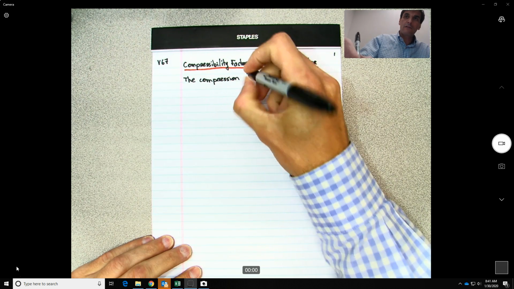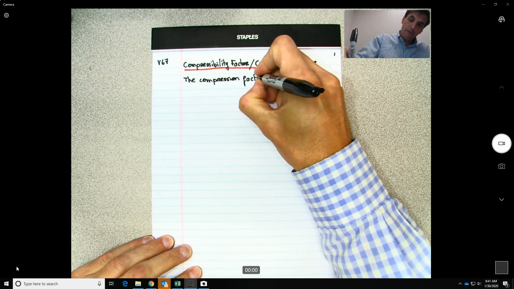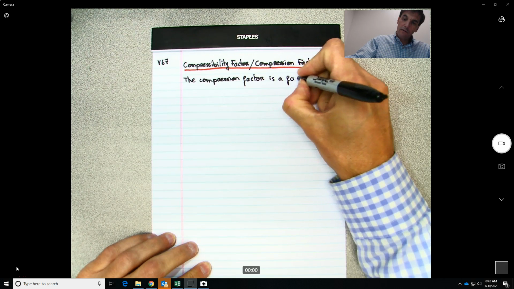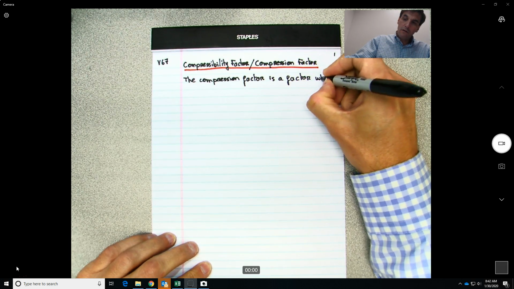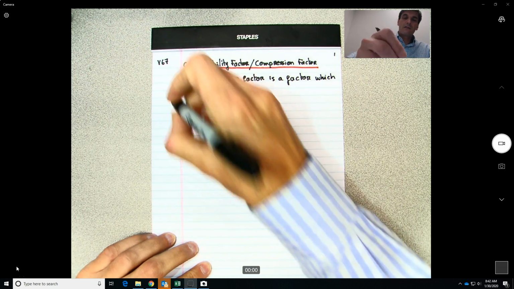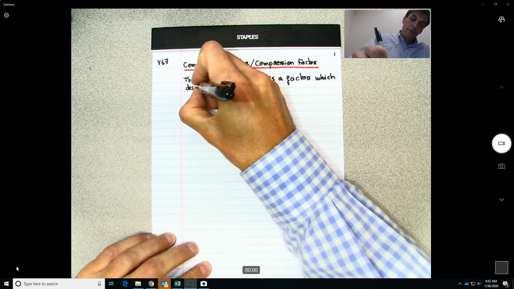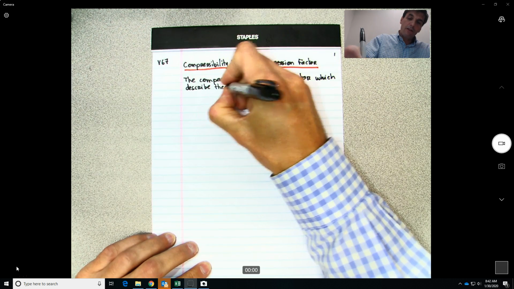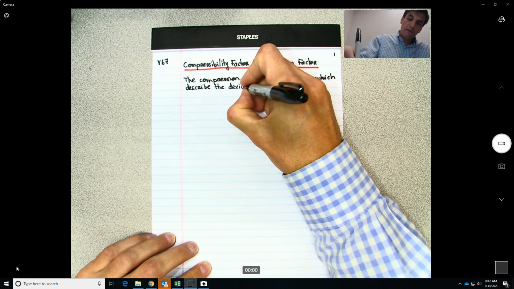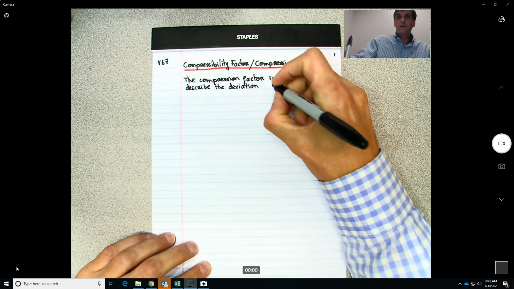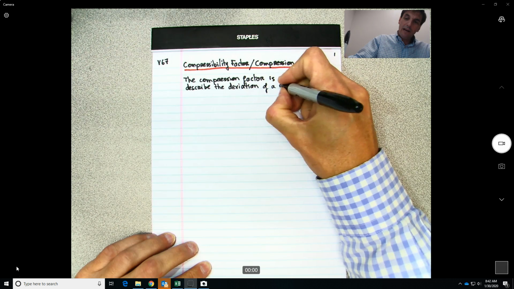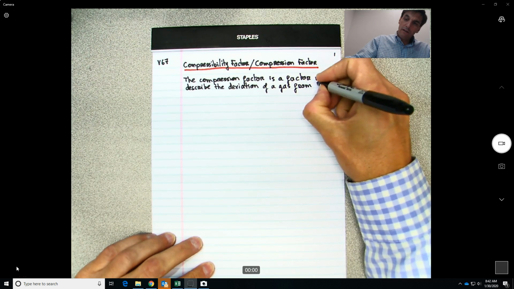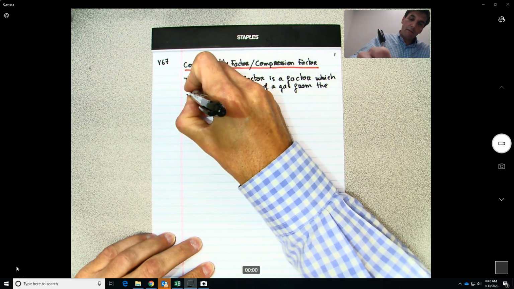So the compression factor is a factor which describes the deviation of a gas from the ideal gas behavior.